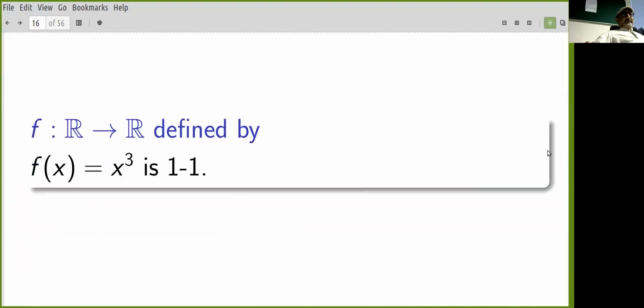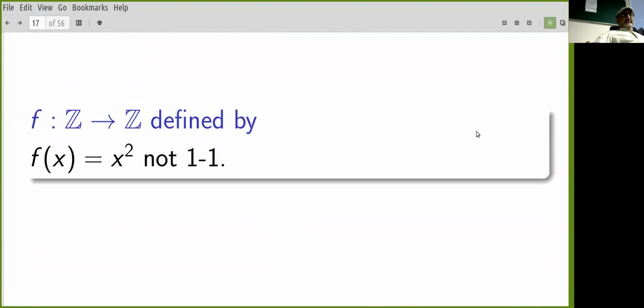So for example, if f sends reals to reals and is defined by f of x equals x cubed, that function is 1-to-1. If f of x equals f of y, that is y cubed is equal to x cubed, then it implies that y is equal to x.